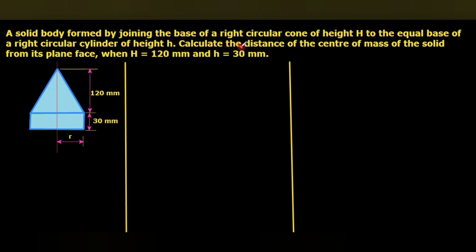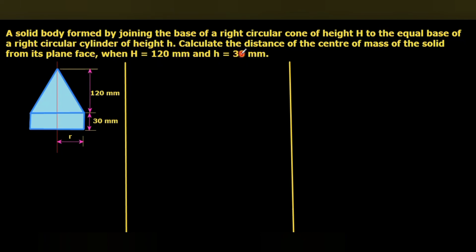Calculate the distance of the center of mass of the solid from its plane face, when capital H, the height of the right circular cone, is given as 120 mm, and small h, the height of the right circular cylinder, is given as 30 mm.